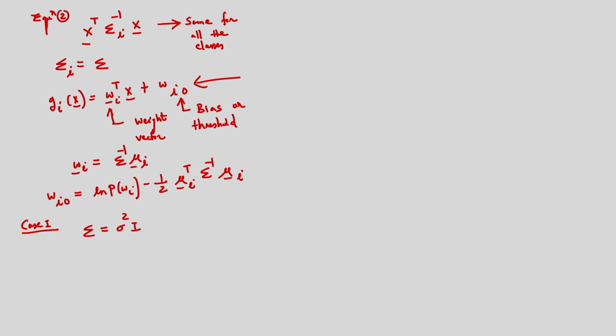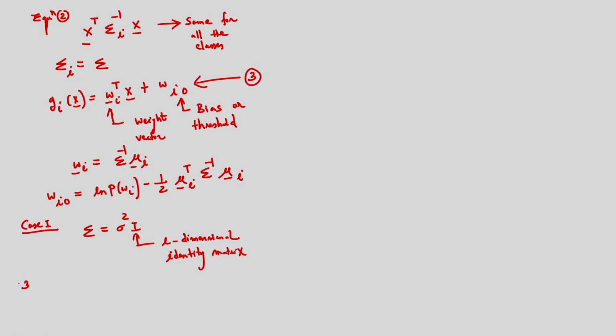And in this case you can see, I is the identity matrix, the L dimensional identity matrix. Suppose this equation is equation 3.